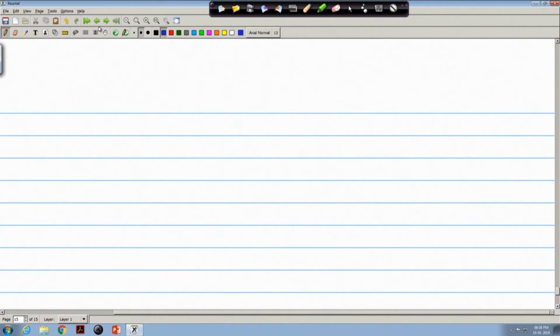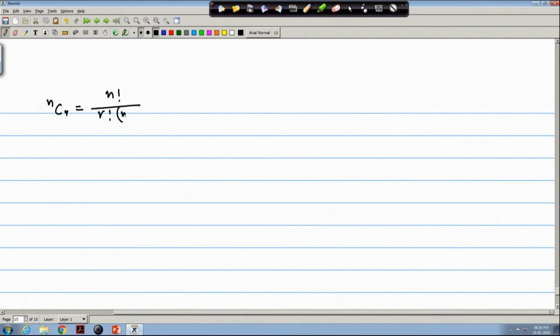Now, the theorem we got is that NCR is n factorial by r factorial into n minus r factorial.